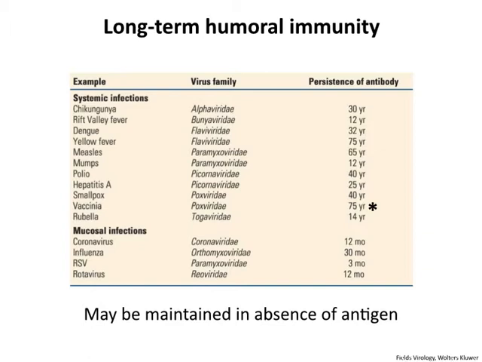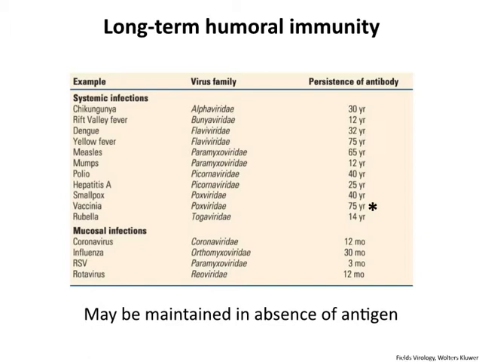So probably the antibody molecules themselves are not long-lasting, but they're just being produced at low levels by those long-lived plasma cells, and they're being resupplied by the B cells with the antigen on the surface. So again, this can be maintained for a long time, probably lifelong for many viruses, without antigen being present.